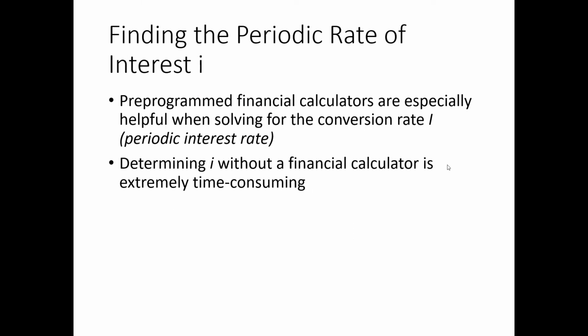So finding the periodic rate of interest, there's no formula for this. It's just there isn't one. And some things are like this. Even your calculator doesn't use a formula to find the interest rate. It actually does it by trial and error. It just does it so extremely fast that we don't notice that it's doing a whole bunch of trial and error calculations, but it is. I remember my very first financial calculator, in the late 80s.